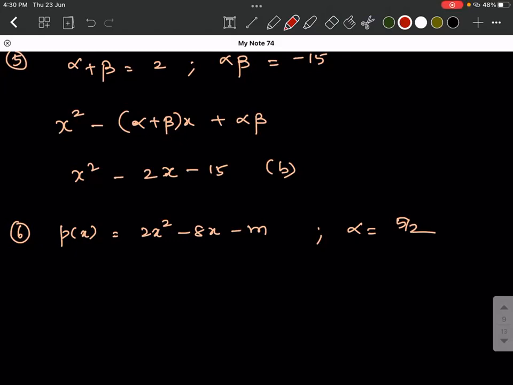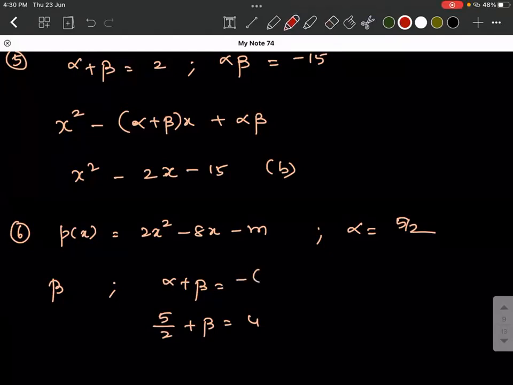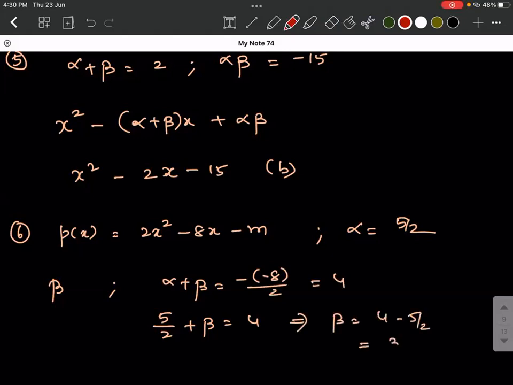If the other root is beta, then alpha plus beta is minus b by a, which is 4. So 5 by 2 plus beta will be equal to 4. You understood how I got that 4, no? Minus b by a, minus of minus 8 divided by 2, that is 4. So beta is equal to 4 minus 5 by 2, which is 3 by 2. Is there an option? Yes. C is the right answer.